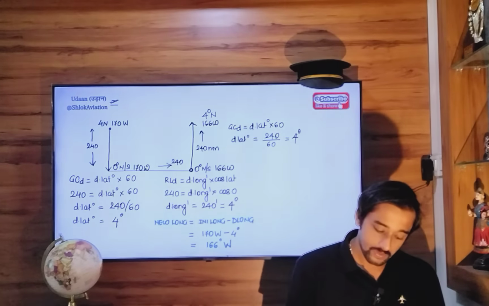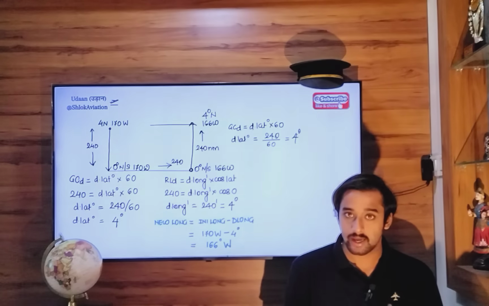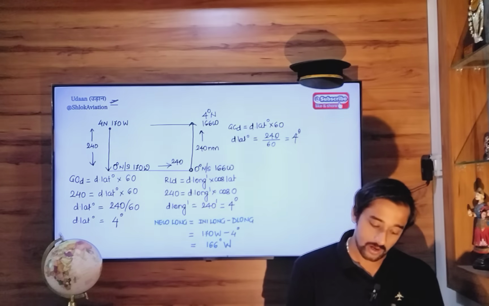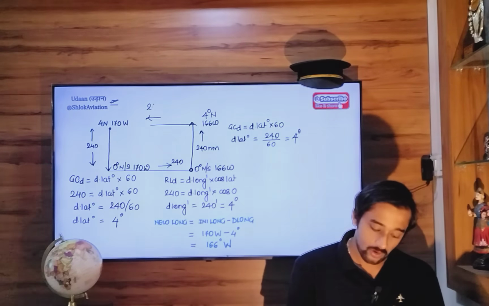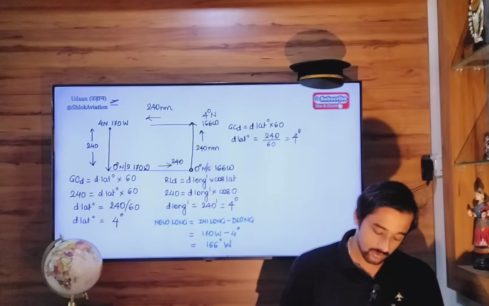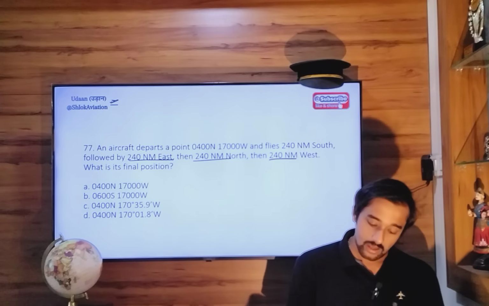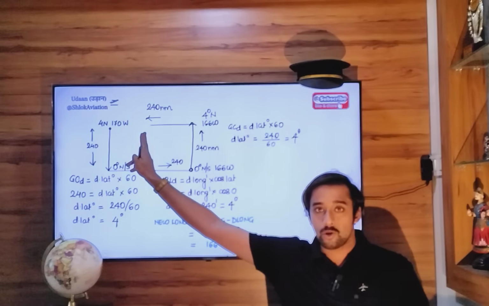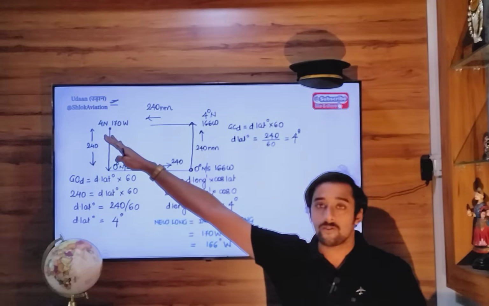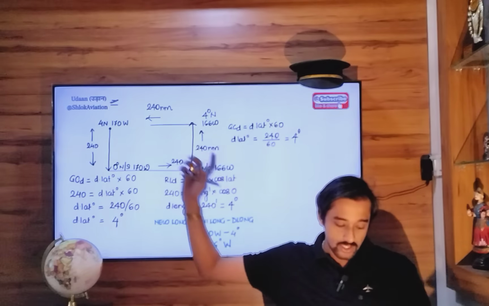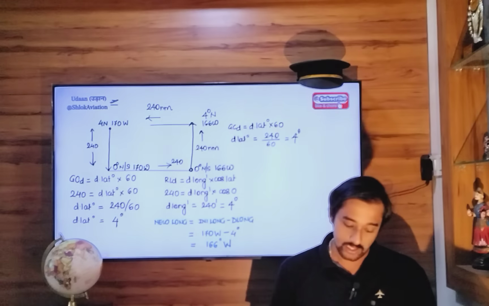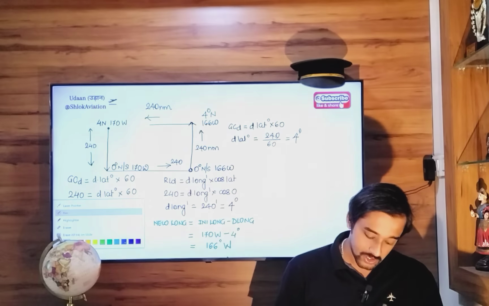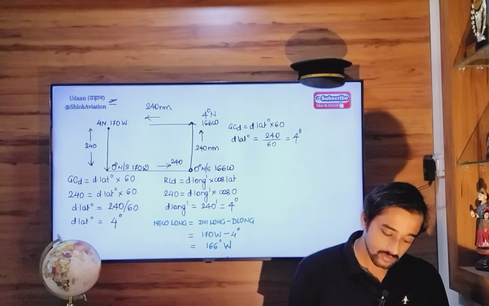Now from here you travel in a westerly direction, for a distance of 240 nautical miles. Now your final location can be to the east of this location or to the west of that location. Okay, so we'll find out whether it's to the east or west. For that we will have to use the Rumline formula.